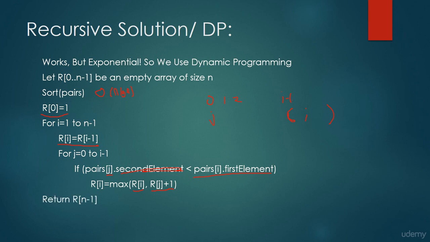And finally, I return our solution, Rn minus 1. This solution should take O(n squared) time, because we have two loops, and each of them might go from 0 to n.